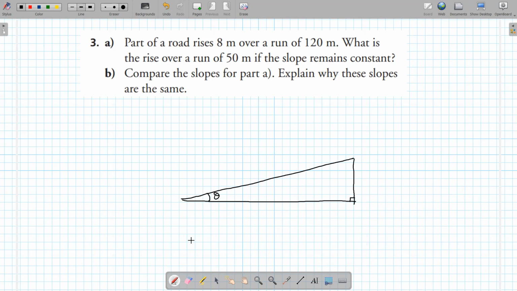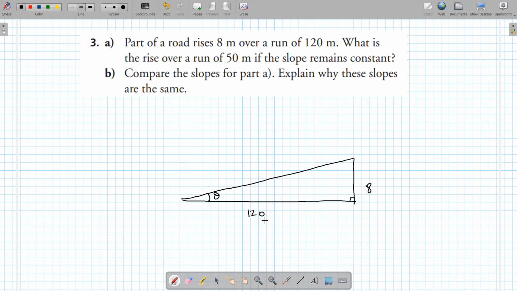So which is the rise in this triangle? Is it the hypotenuse or the opposite? The opposite. So this is going to be 8. Run is going to be down here, right?